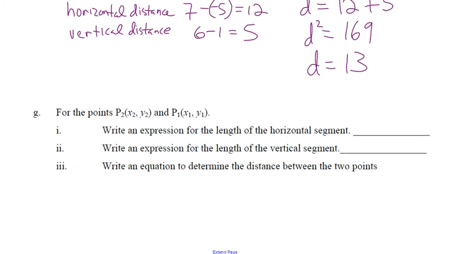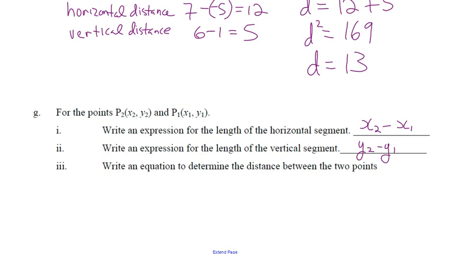So for the points P2, which is (x2, y2), and P1, which is (x1, y1), write an expression for the length of the horizontal line segment. So what's that going to be? x2 minus x1. Write an expression for the length of the vertical line segment. y2 minus y1.